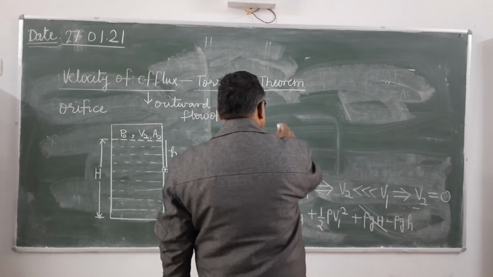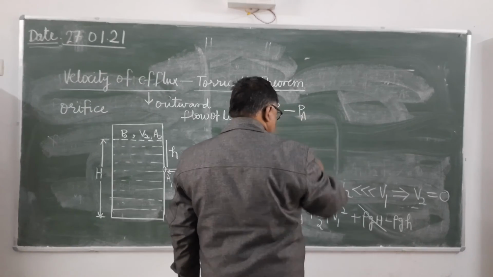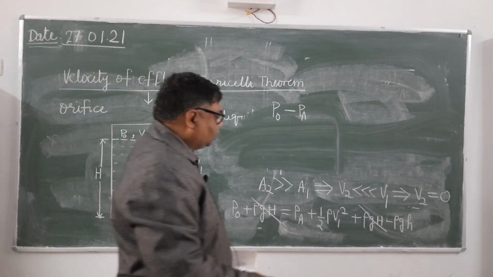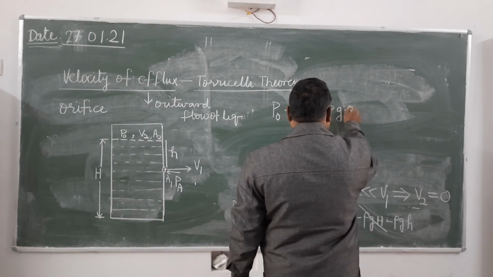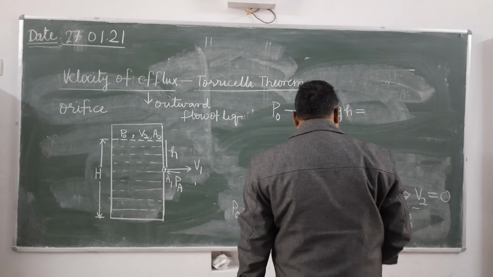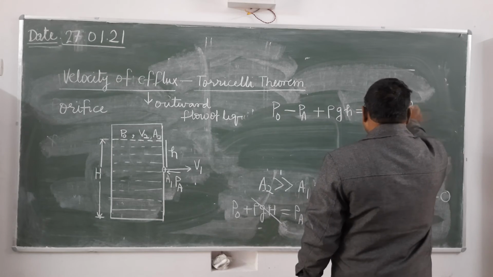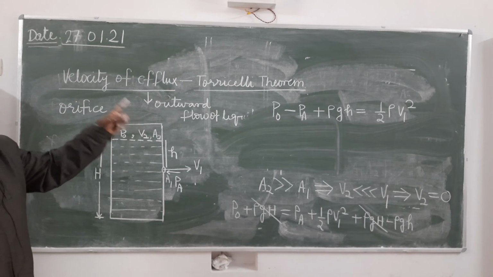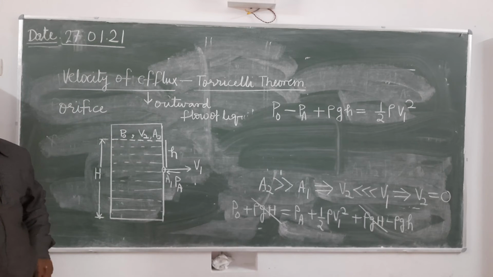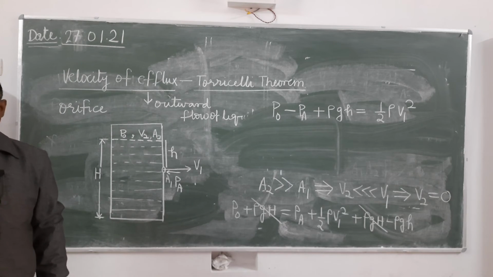You get P naught minus PA plus rho gh equals 1 upon 2 rho V1 square.